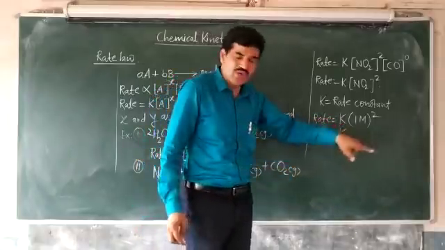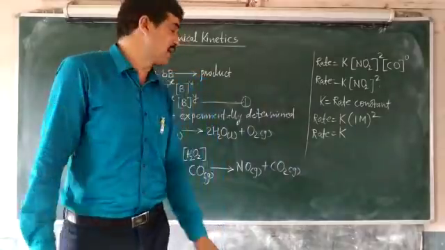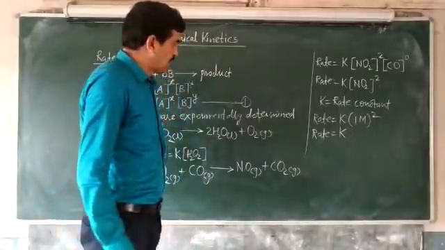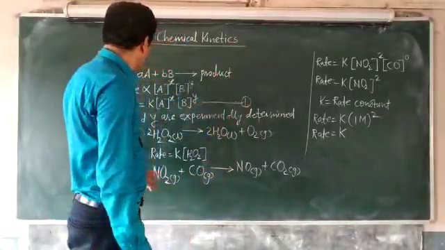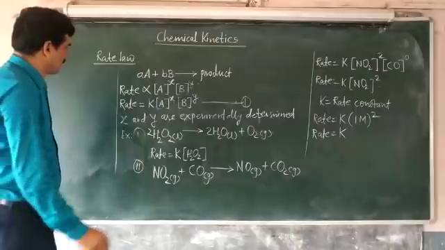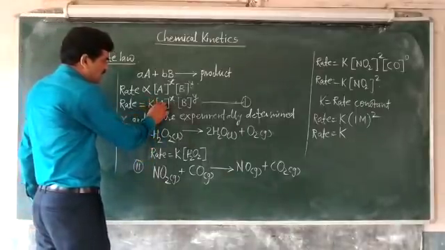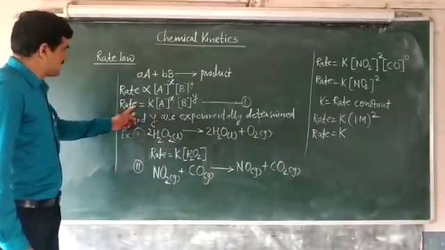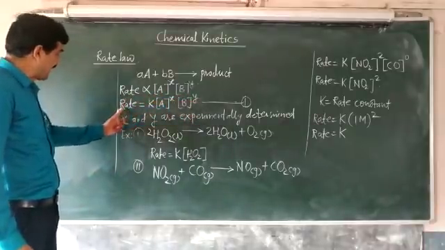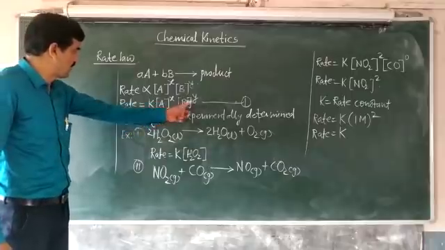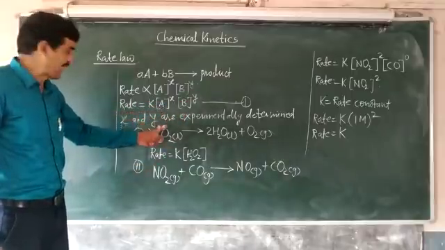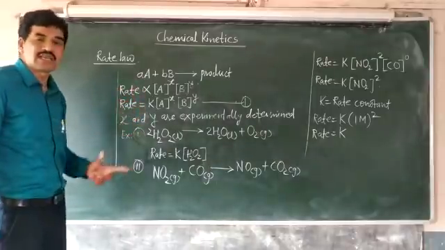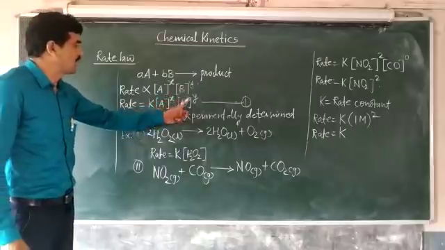For the general reaction, if the concentration of A is 1 molar and the concentration of B is 1 molar, this equation changes to rate equals k into 1 molar into 1 molar, that is rate equals k, and therefore k, the rate constant, is defined as the rate of chemical reaction whenever the concentration of each reactant is unity.